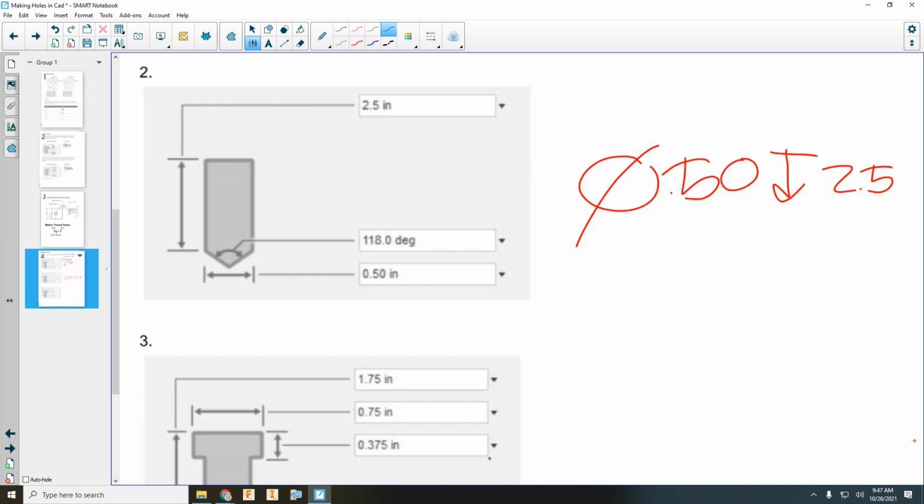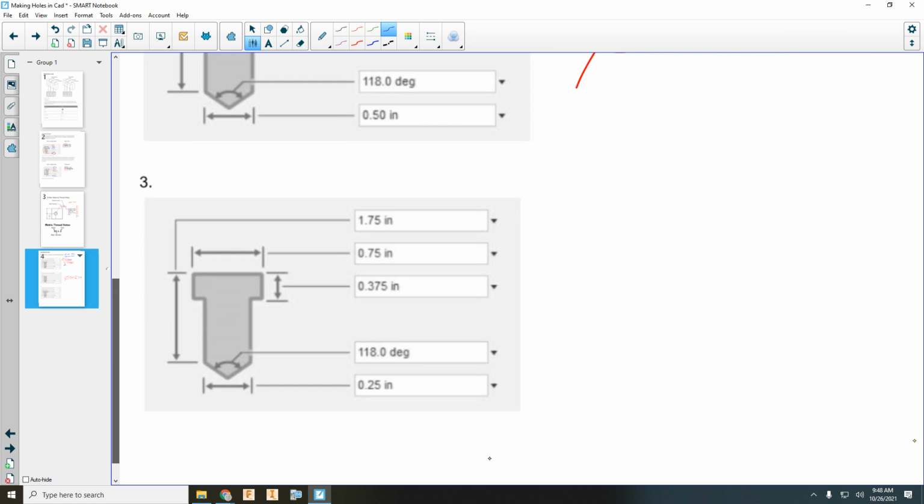We can do it just with measurements, or there are different allowances and sizes based on how sloppy you want the hole to be. Do you want a lot of room for the bolt to slide around and go in, or do you want it to be really snug, but still be a clearance hole for a bolt? So we'll talk a little bit more about this. This is just the very introduction.